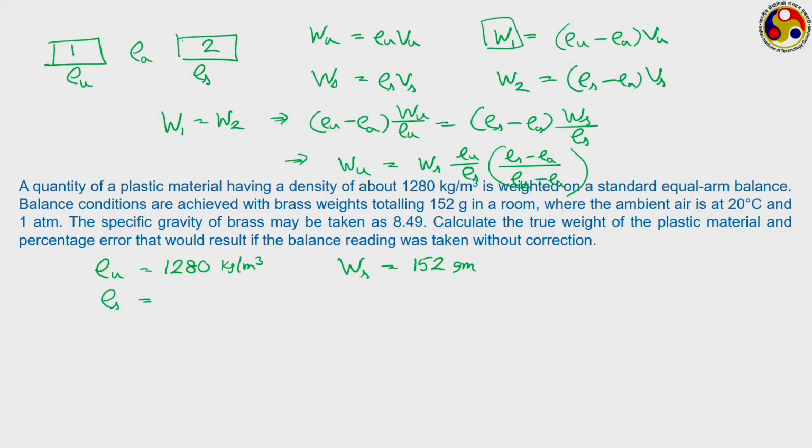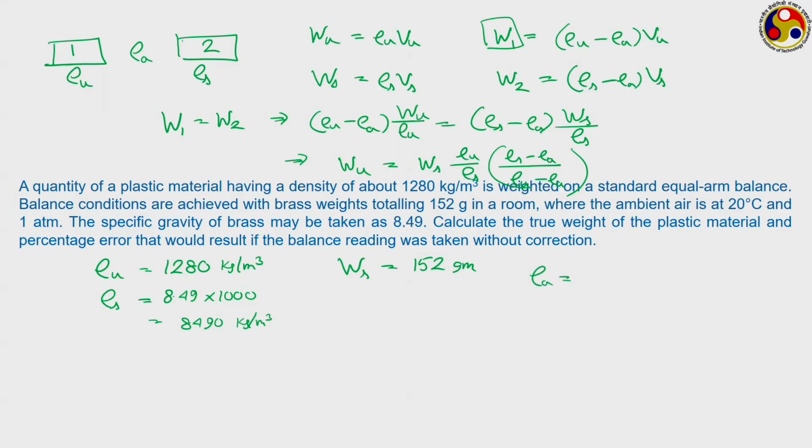It is 8.49 into 1000, that is 8490 kg per meter cube. Specific gravity is a common way we see industrial density specifications. Now we have to calculate the true weight of the plastic material and also the percentage error that would result if the balance reading were taken without correction. So we need to know the value of rho a.